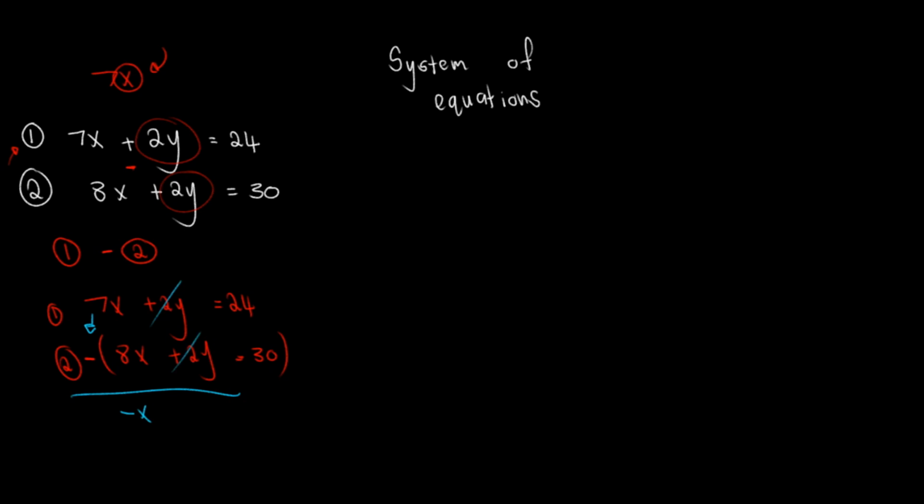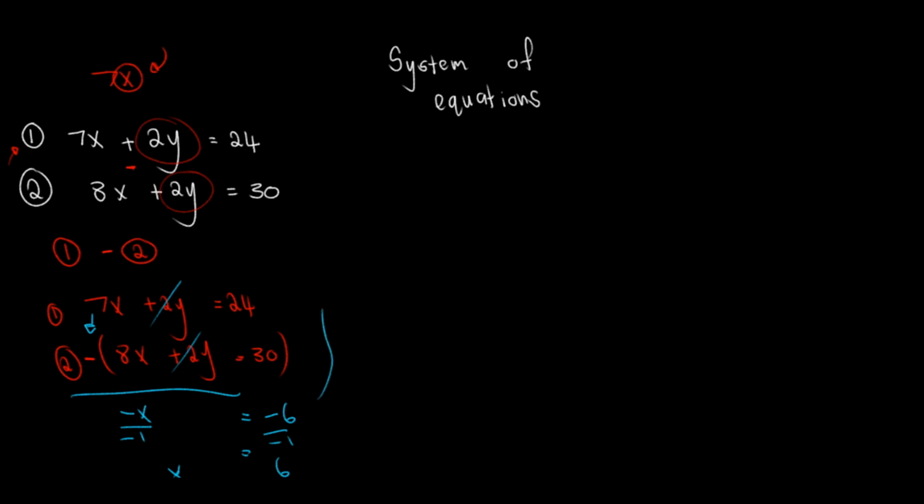Well, these two cancel each other because 2 minus 2 is 0. And then I have 24 minus 30, it's negative 6. Divide both sides by a negative symbol. I get x is equal to 6.